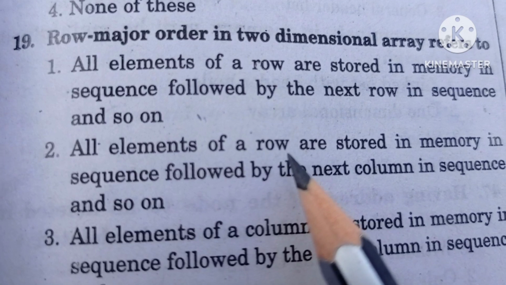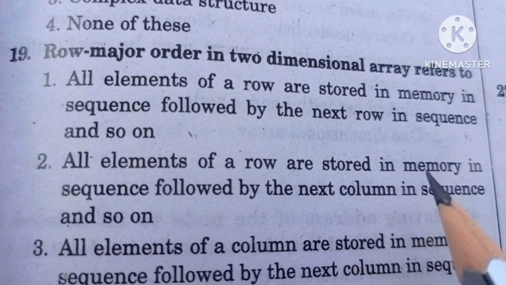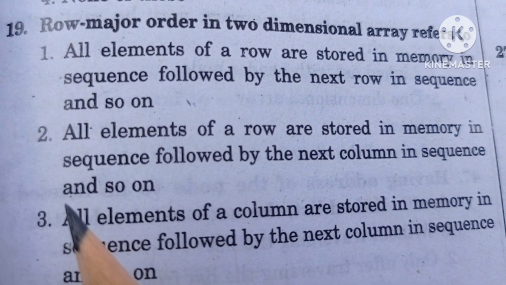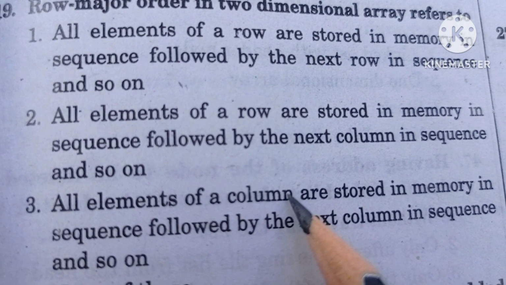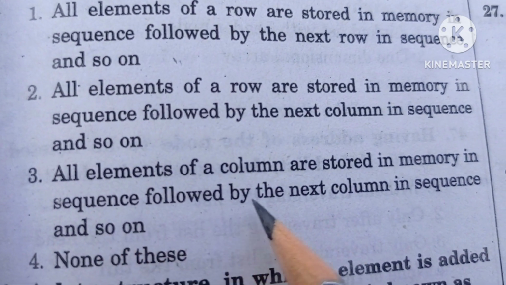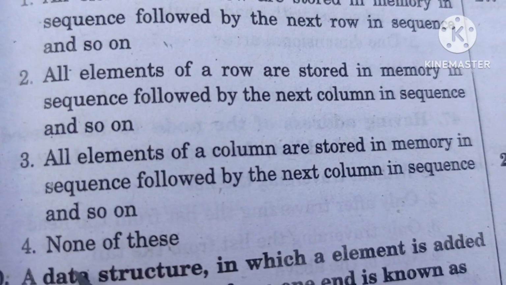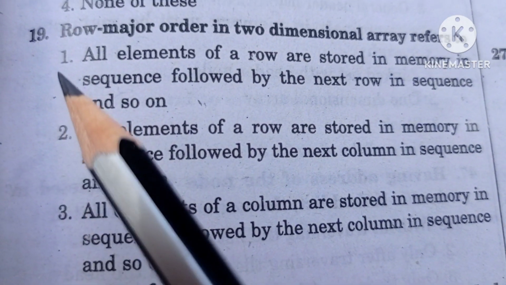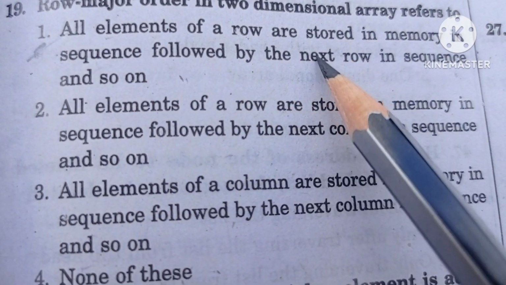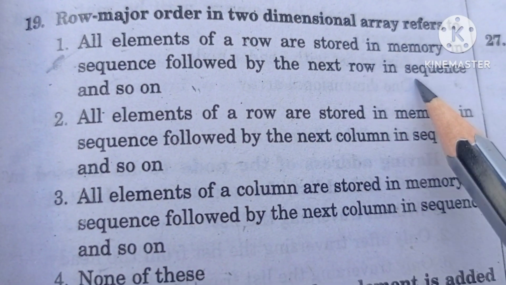All elements of a row are stored in memory in sequence followed by the next column in sequence and so on. All elements of a column are stored in memory in sequence followed by the next column in sequence and so on. None of these. Answer is 1.